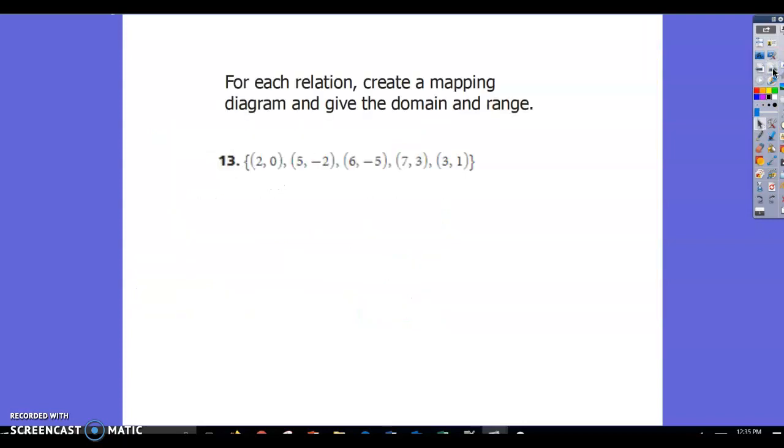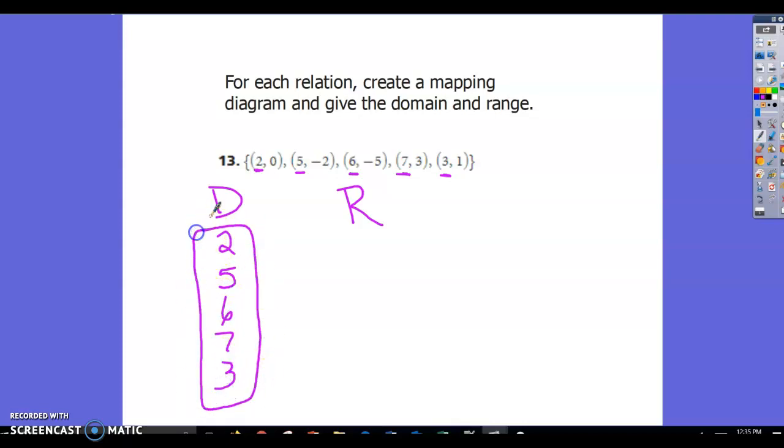All right, the next one says for each relation, create a mapping diagram and give the domain and range. Okay, so remember the domain and range. Your domain is going to be all your x's, remember. So we're going to put our x's in first. So 2, 5, 6, 7, 3.